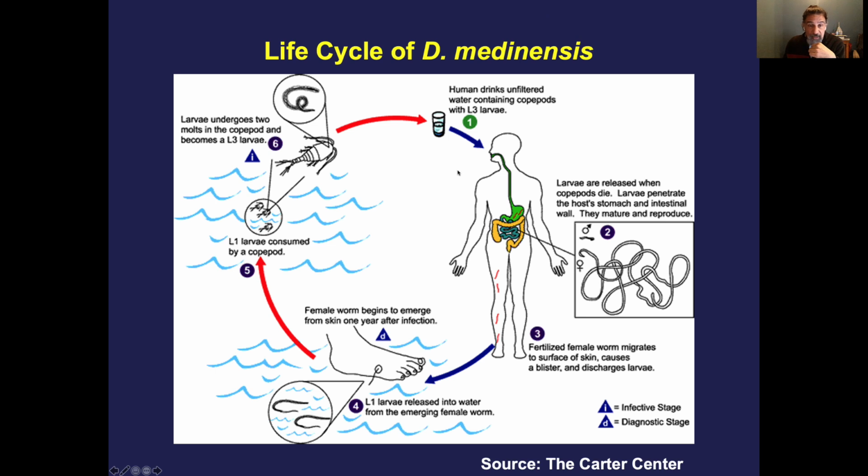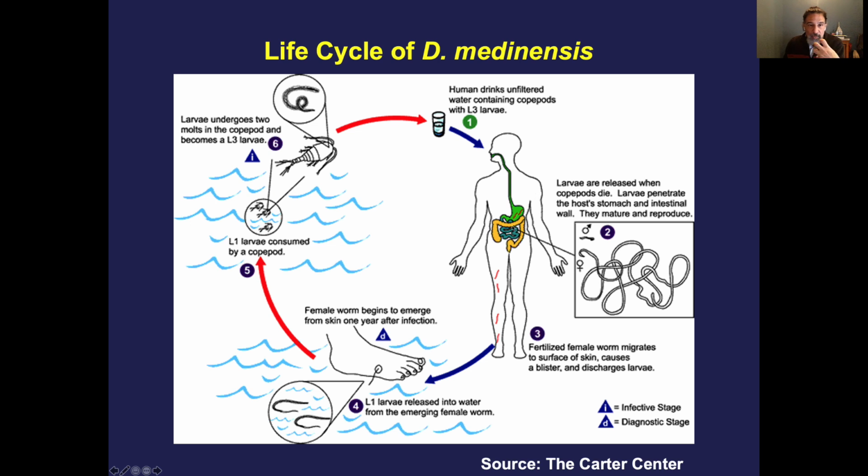But the life cycle, for the most part, depends on humans, and it starts with a human drinking contaminated water that contains larvae that live in the guts of small copepods that you can actually see with the naked eye. The copepods and the larvae are ingested by humans drinking the water.